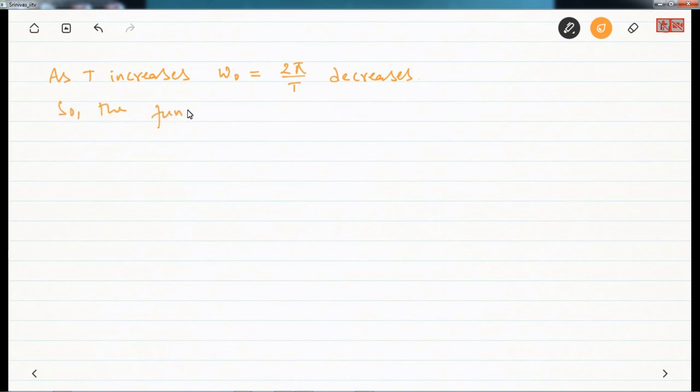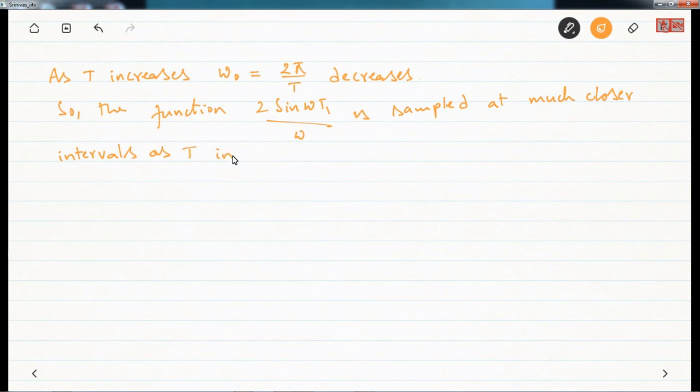So the function sine omega t1 by omega is sampled at much closer intervals as T increases, because omega naught decreases, right?